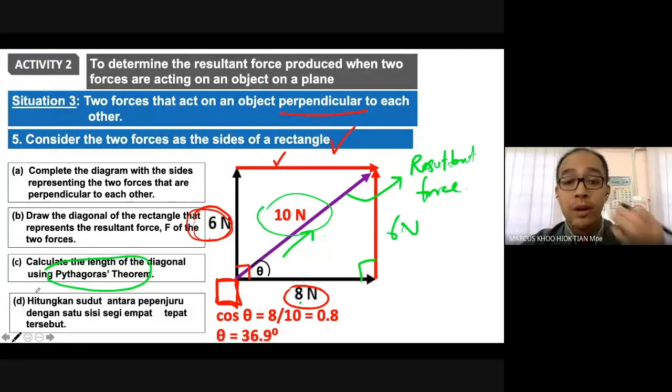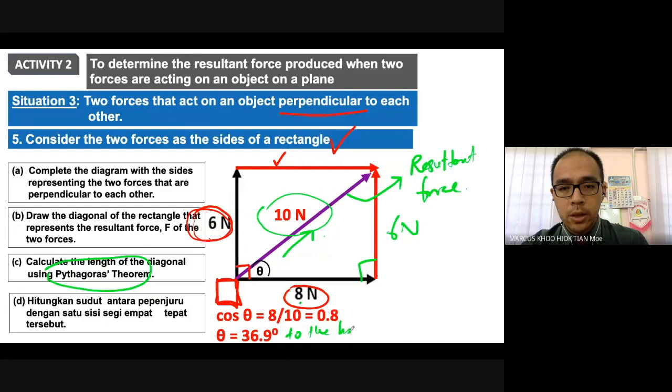So how do we write the resultant force? The resultant force is 10 newtons, and then 36.9 degrees to the horizontal force, because it touches the horizontal force. We usually use this angle instead of this angle.